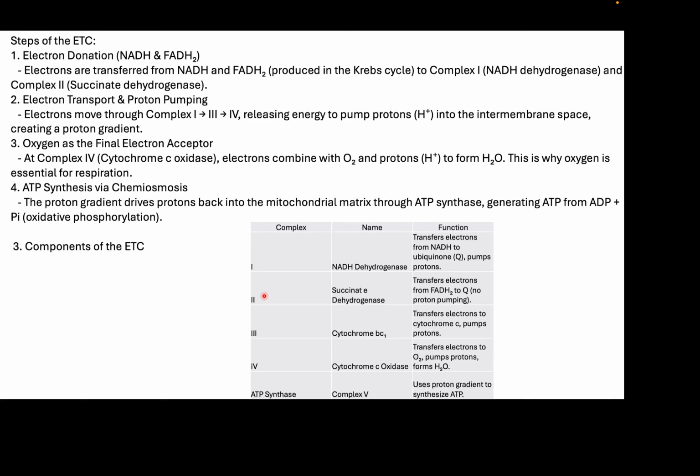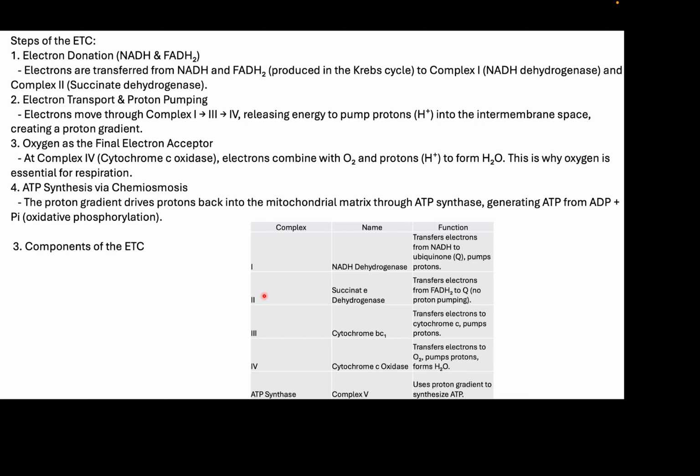So will the gradient be maintained if the second connection is not connected to the engine? Will the engine be able to pull the third coach on its own, because the connection is lost between the first and the second itself? So it will be difficult for the first complex to directly donate the electron to the third complex.